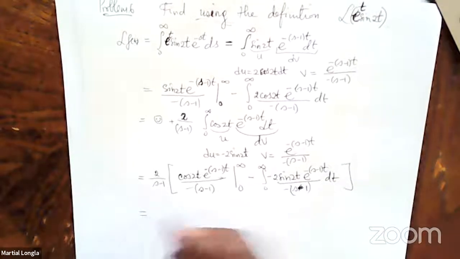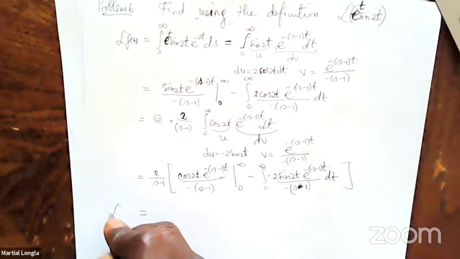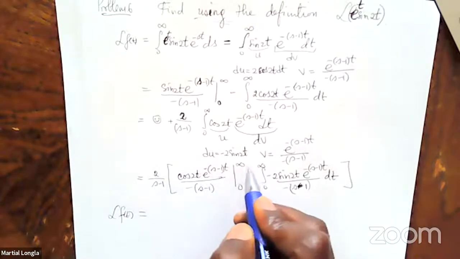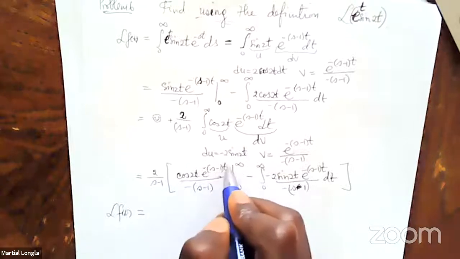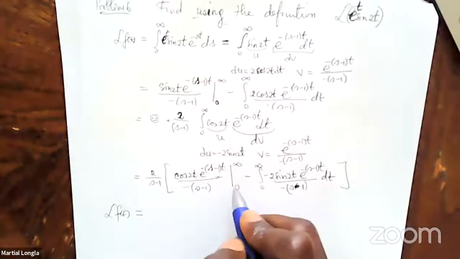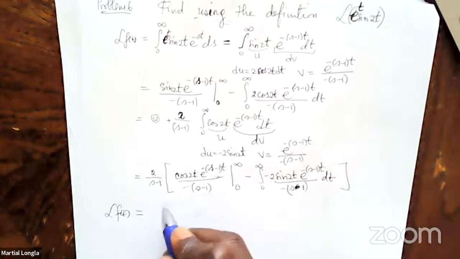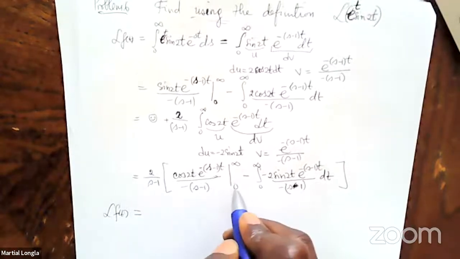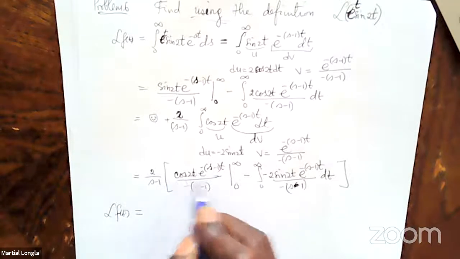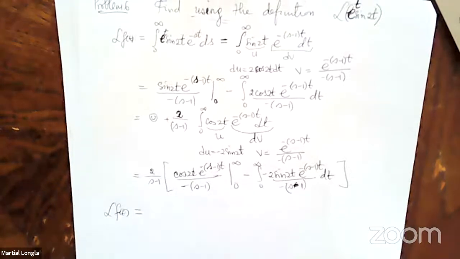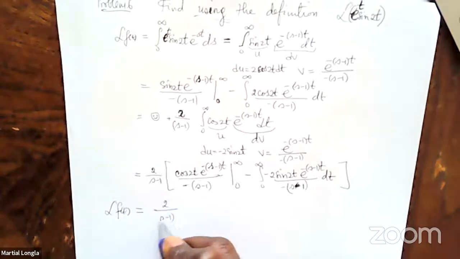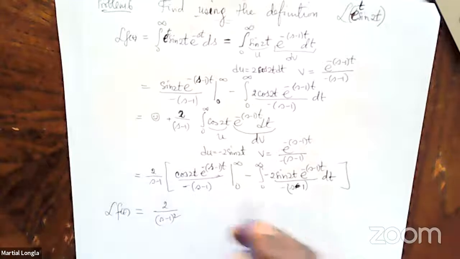And now, this again is the Laplace transform of f of t equals that. If you plug in infinity, again, because s is larger than 1, it's a 0. When you plug in 0 this time, you get 1, because e to the 0 is 1, cosine of 0 is 1, minus and minus, that's a plus. So you get 2 over s minus 1 squared with this one.